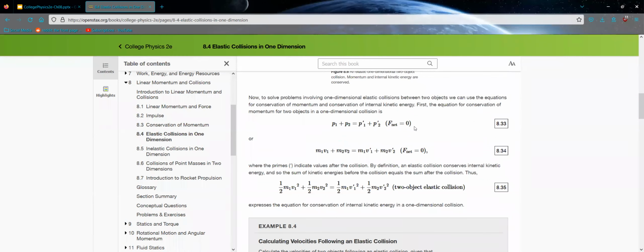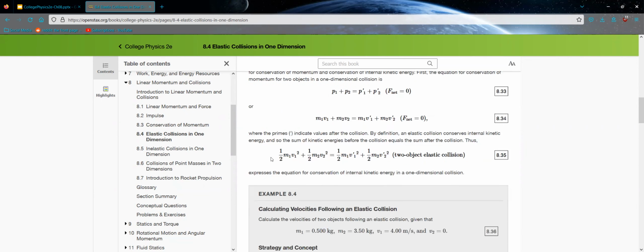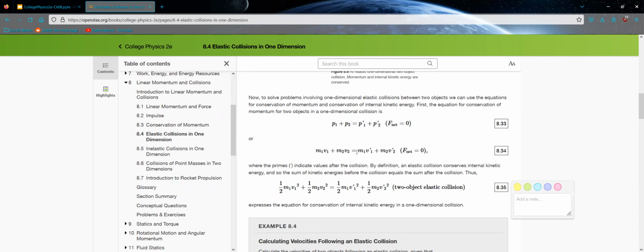I am re-going over concepts from chapter 7. Here down here, 8.35 is simply the energy version of the momentum equation, which is 8.34. 8.34 is momentum, 8.35 is energy. As long as what you start with and what you end with is the same, you're set.